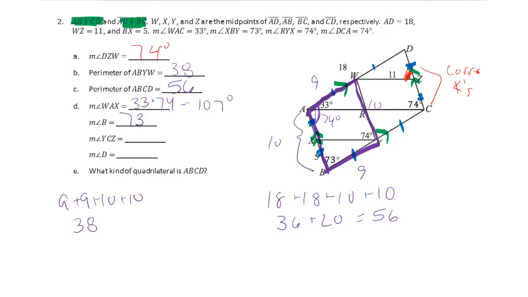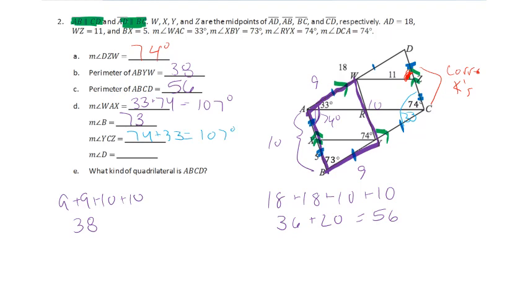We just haven't labeled the other side because again we have alternate interior angles with WAR and RCY. Those are alternate interior angles because we have a pair of parallel lines. So that's 33. So if I want to find the whole thing, which was YZW, I have 74 plus 33, which again is 107 degrees.